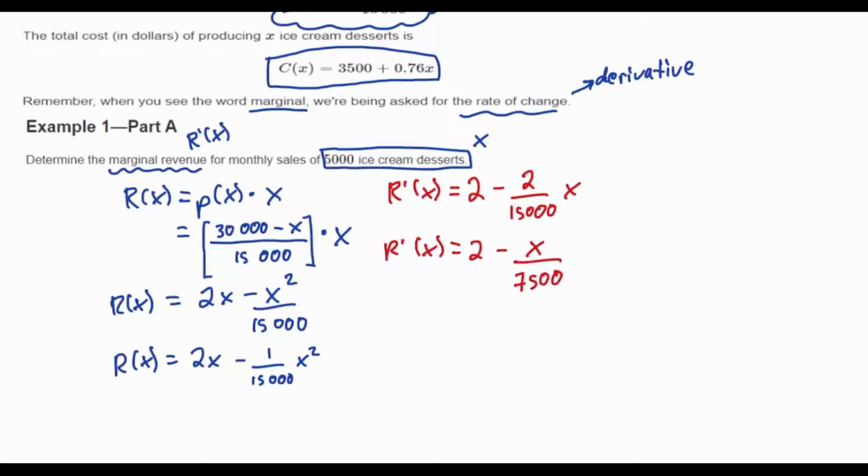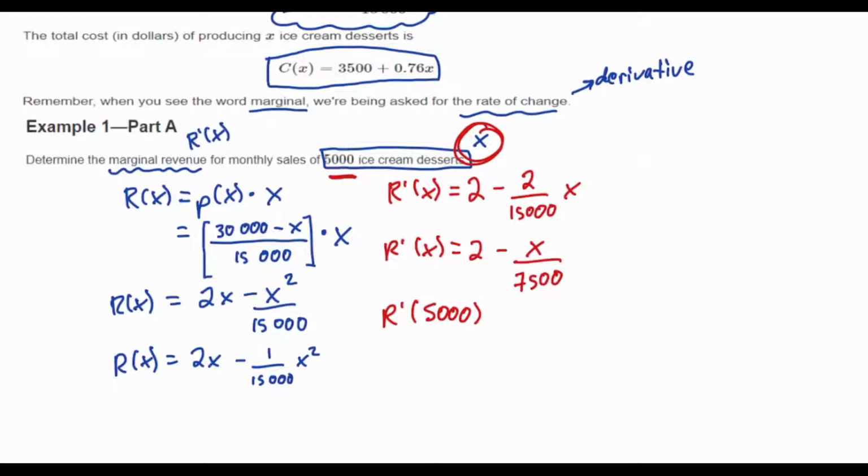All right, and we know our X value that we're going to evaluate for. So let's plug that into our function now. R prime of 5,000. So what is the rate of change of our function at 5,000? What is the marginal revenue? What is our change in revenue at 5,000 ice cream desserts sold in the month?